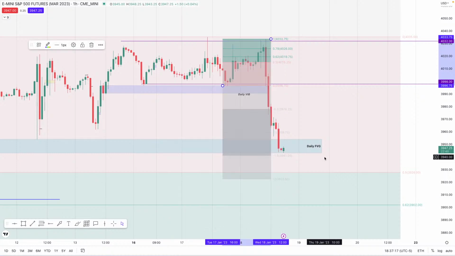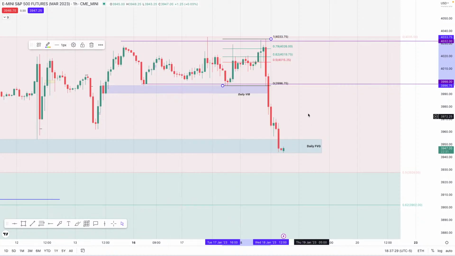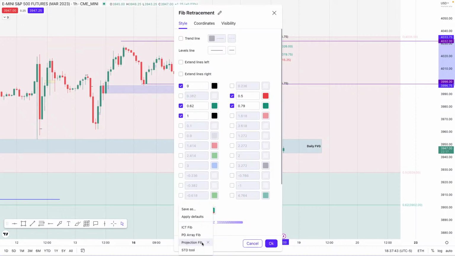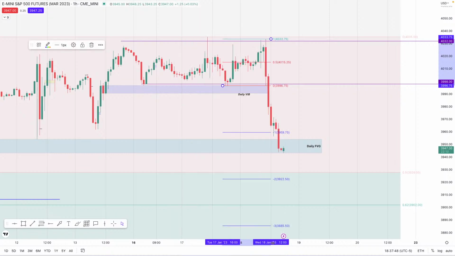You can save each template and name it so that when you want to do something different, you just run it. I can go, oh, I need to run my ICT fib right here. Boom. Now I've got no color in the background and it just gives me my retracement levels: half, 62%, 79%. If I need to look at standard deviation, now I've got all these settings.